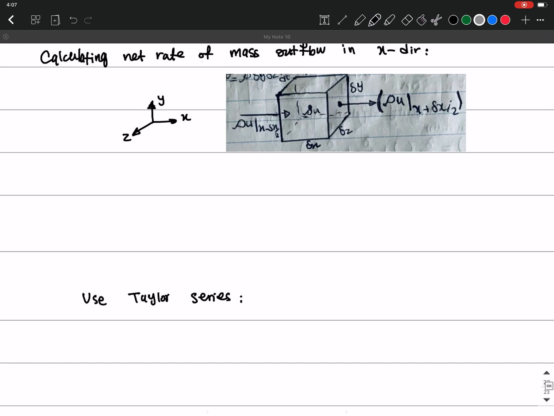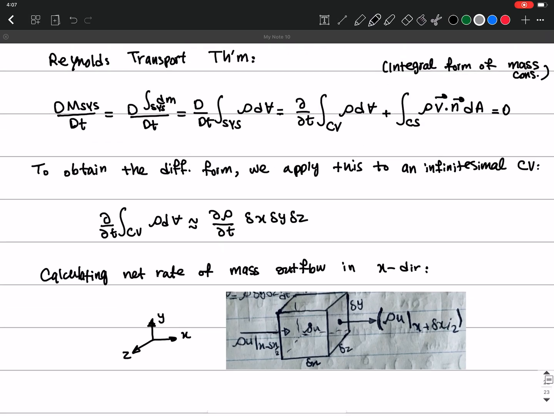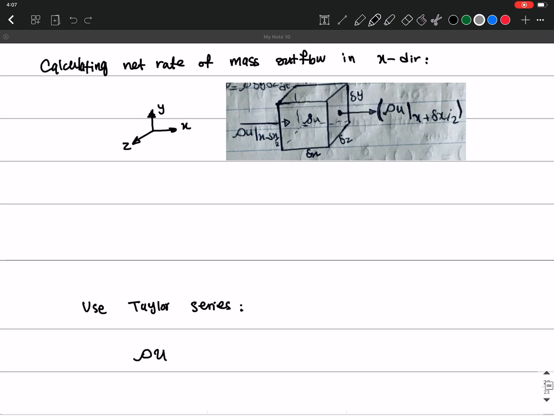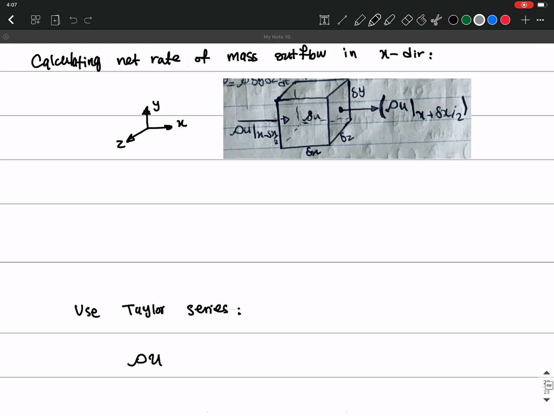I can write rho u, right? This is the flux in the x direction, rho u dot n, and then I want to integrate it over this small control surface. So let's calculate that. If this rho u is at the center, I want to approximate rho u at x plus delta x over 2 based on the value at the center.